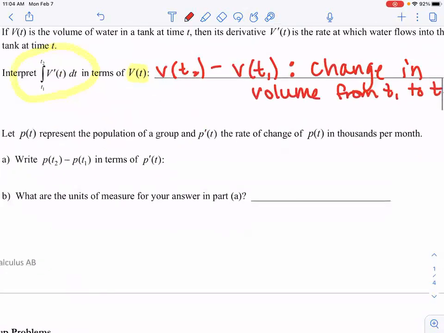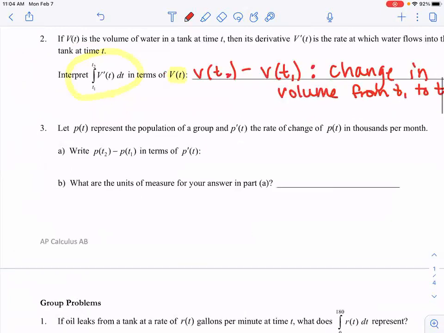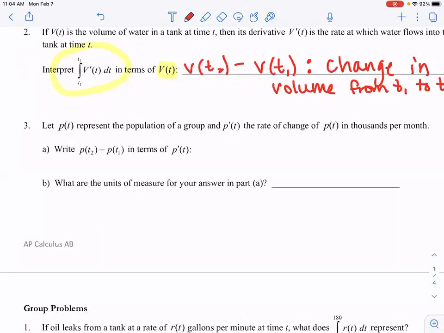Read through number 3 here. P of t represents the population of a group, and P prime of t, the rate of change of the population in thousands per month. Okay, so P of T2 minus P of T1.